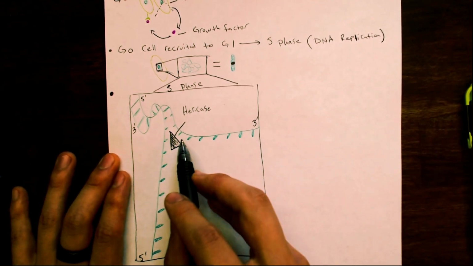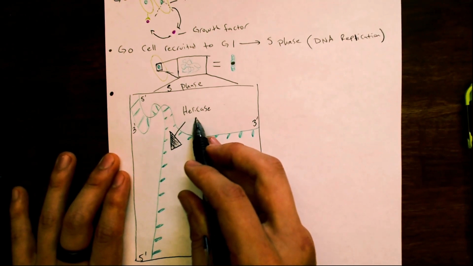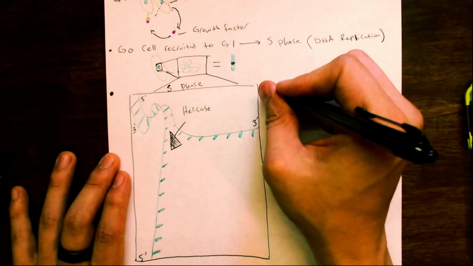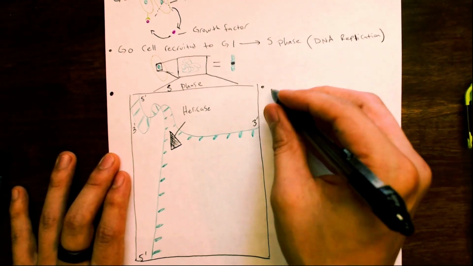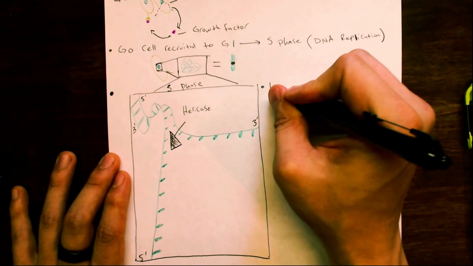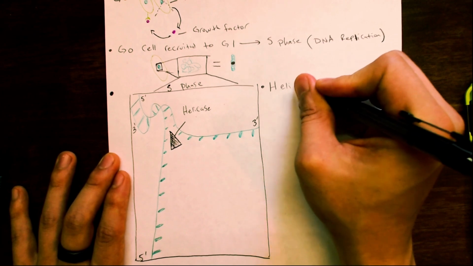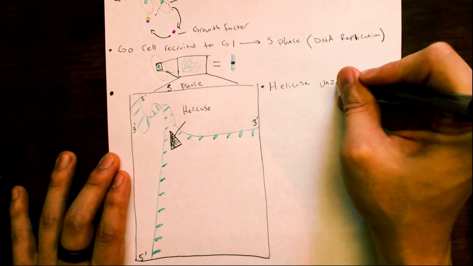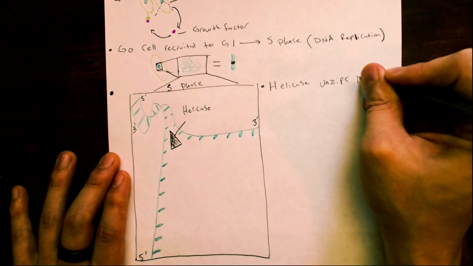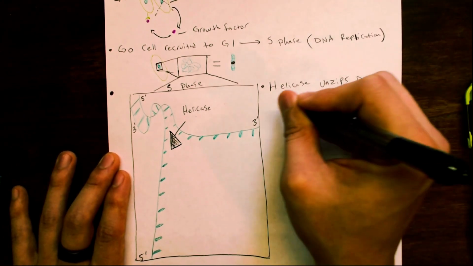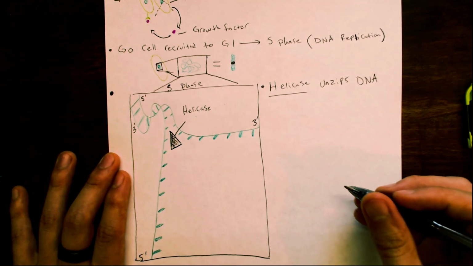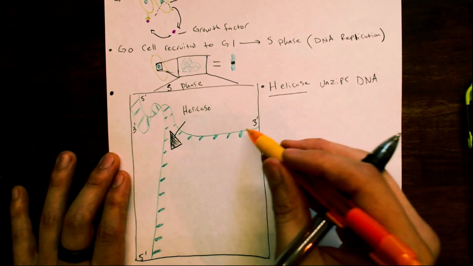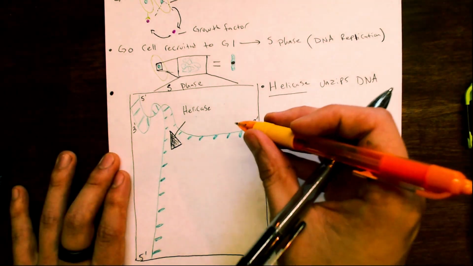So what happens is, as helicase is unwinding your DNA, let's write that here on the side as a bullet for what's happening. So first, helicase unzips DNA. On this strand here, we'll say this is the leading strand.